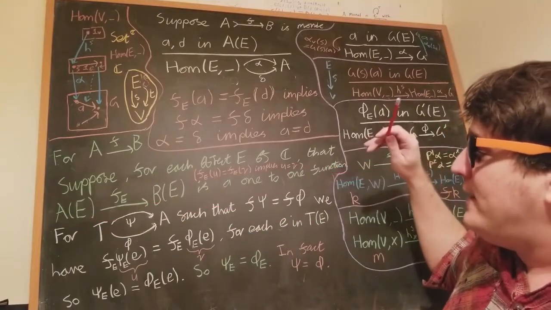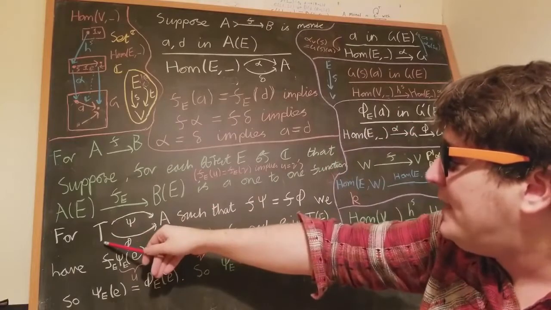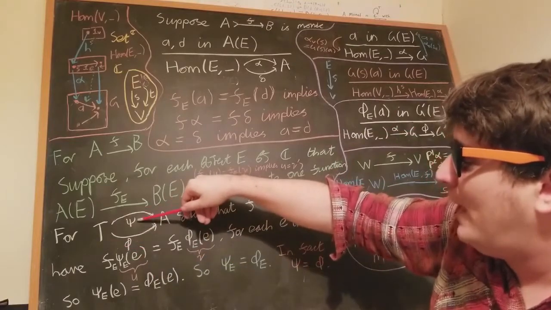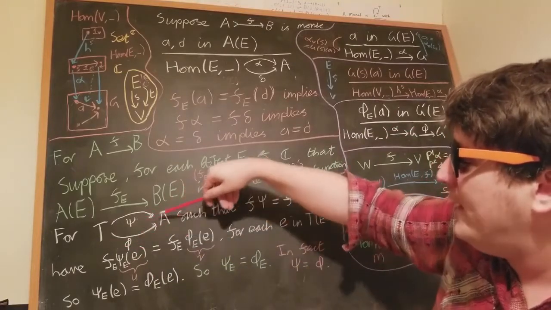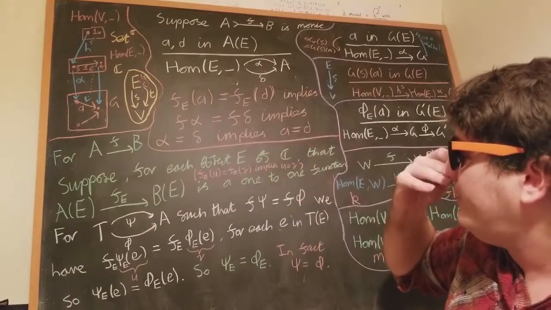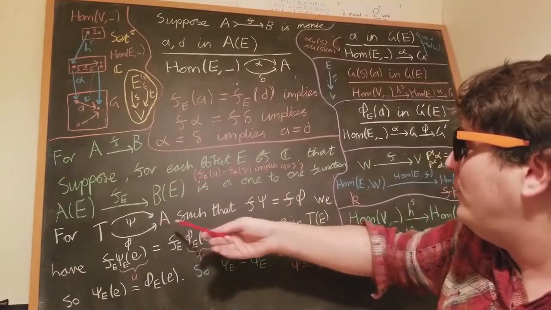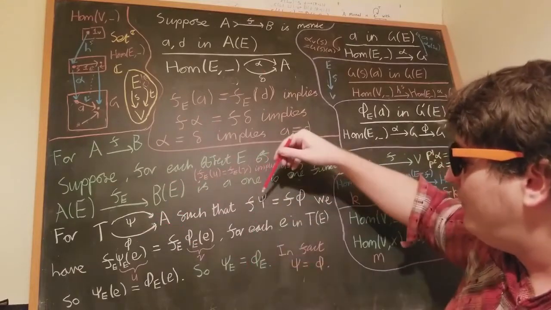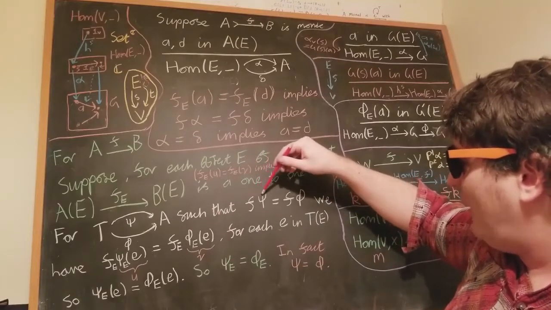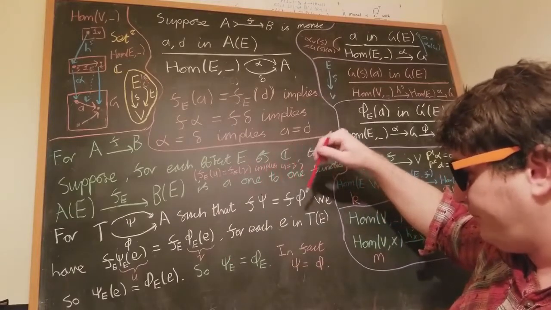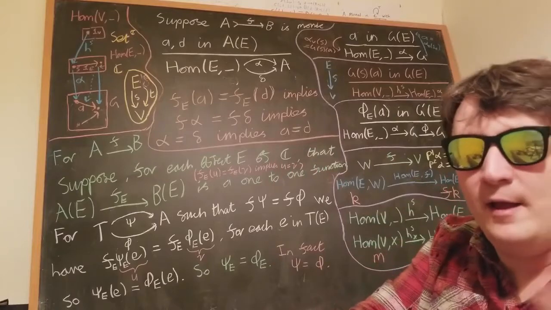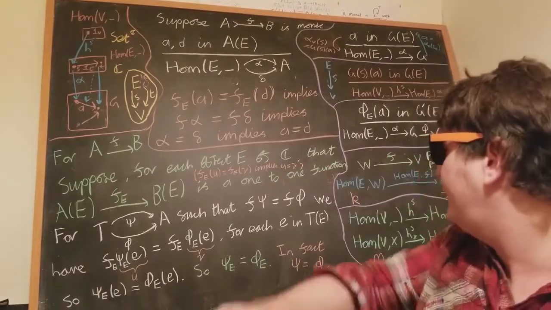Okay, and now let's take any object T and any pair of parallel arrows, psi and phi, into A. Now, we want to show that f is monic, so we're going to assume that f after psi equals f after phi, and we want to infer that psi equals phi. So how does it go?